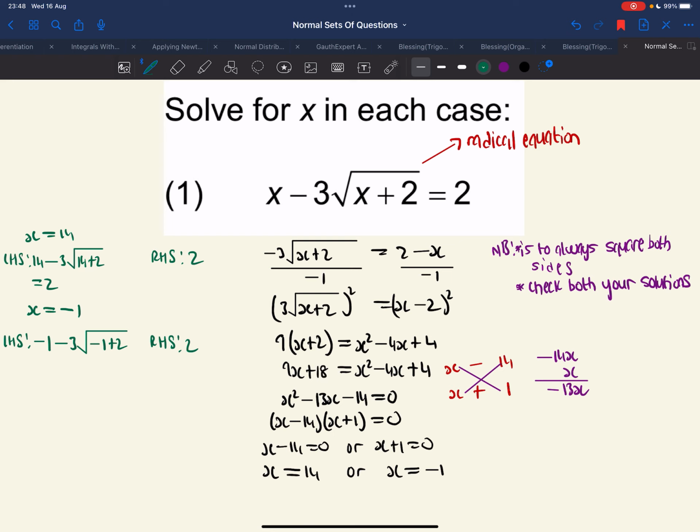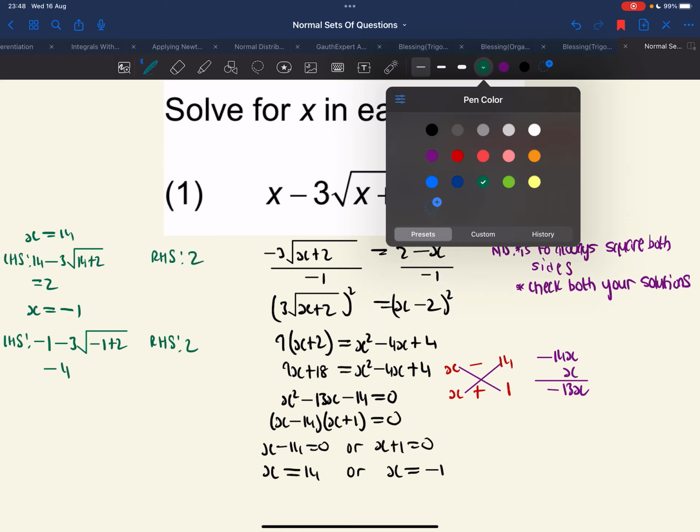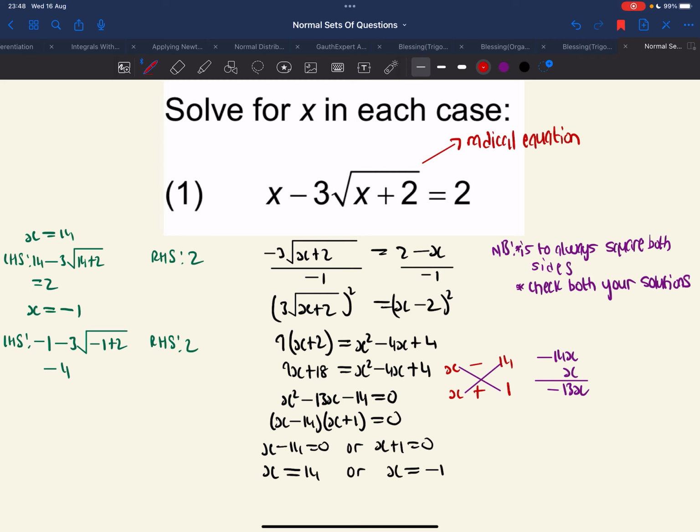If you quickly put that in a calculator, you get negative 4. So the only answer that's valid is 14. This is the only answer that will be valid for that whole solution. So for the other one, we can just put a stroke there to show that it's not valid.